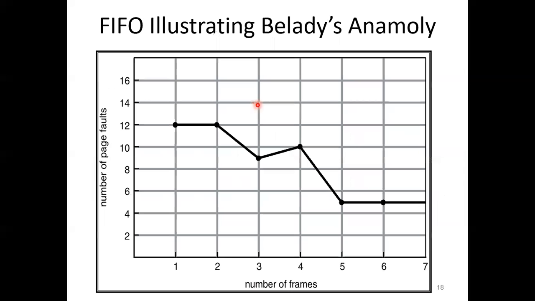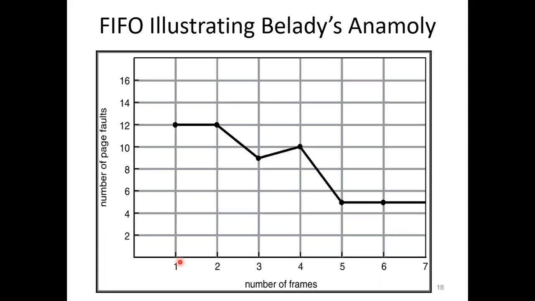This is FIFO illustrated. This is Belady's anomaly. We plot a graph between number of page faults versus number of frames. When the number of frames was 1, the number of page faults was 12.